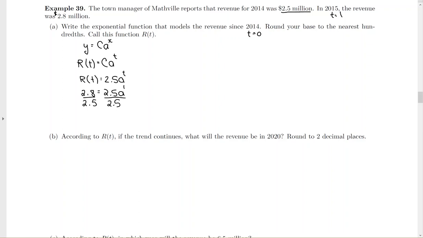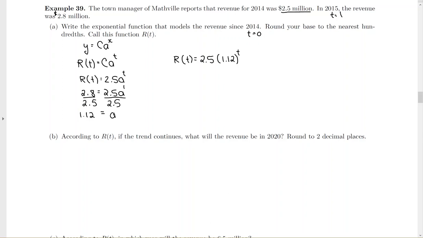And when you do that, you come up with 1.12 rounded properly equals a to the 1, or just a. So now I can write my equation. R of t equals 2.5 times 1.12 raised to the t power.